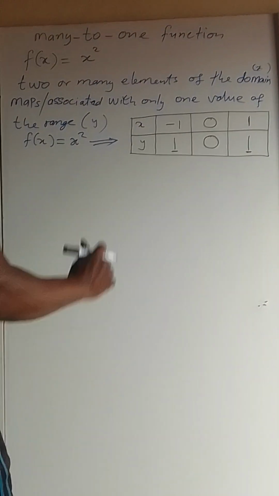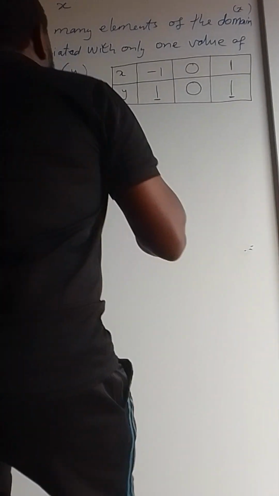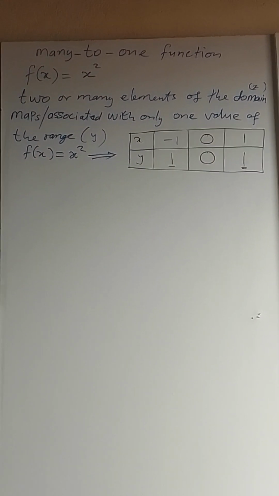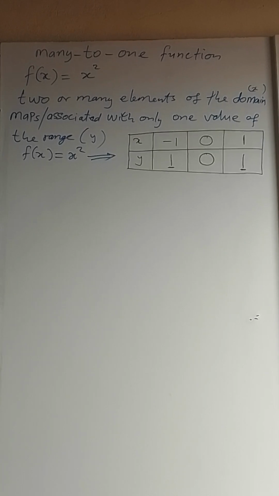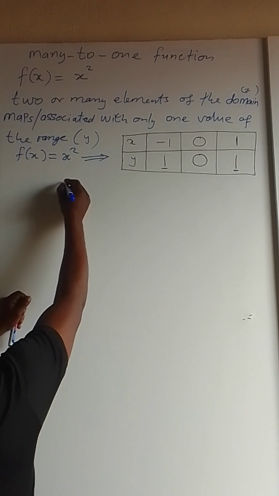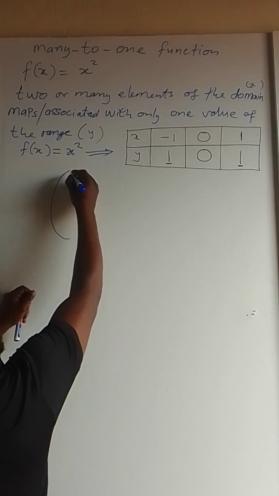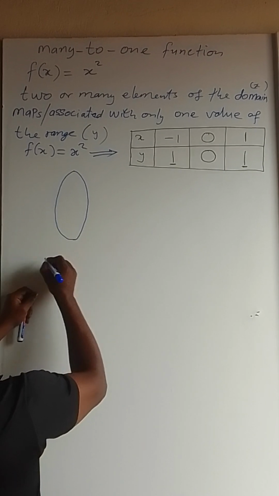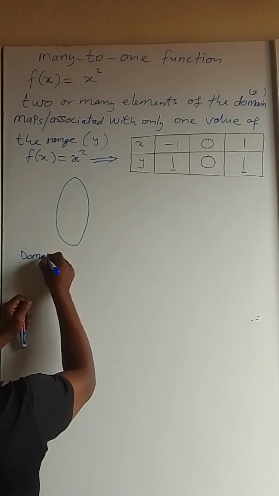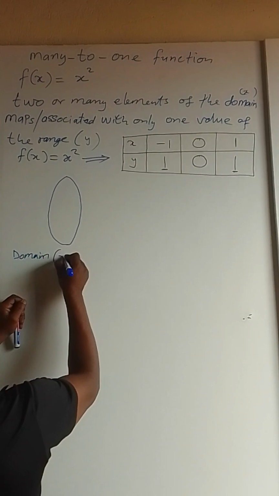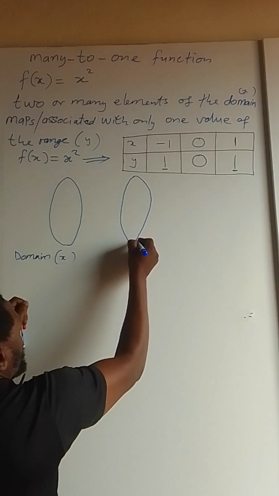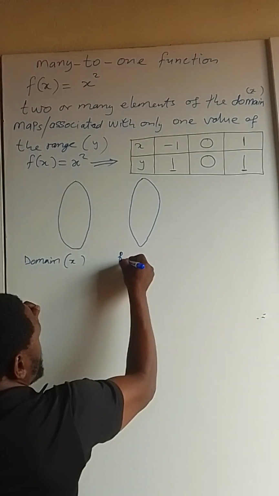Let's just do the element set to see what we are talking about. You have this set of elements of the domain, it's x, and another set of the range.